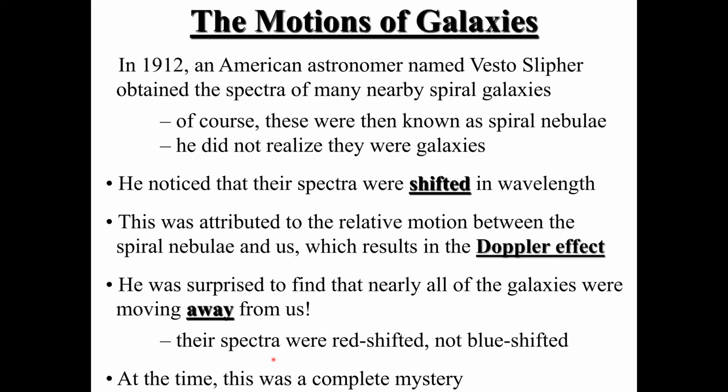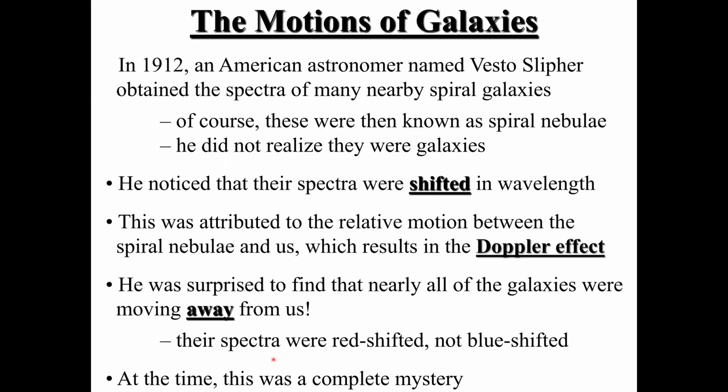Let's see how we get this information. The first thing is the motion of galaxies. We talked about galaxies, but we didn't talk much about how they move in space. In 1912, there was an American astronomer named Slipher who tried to obtain spectra of many of the nearby spiral galaxies.